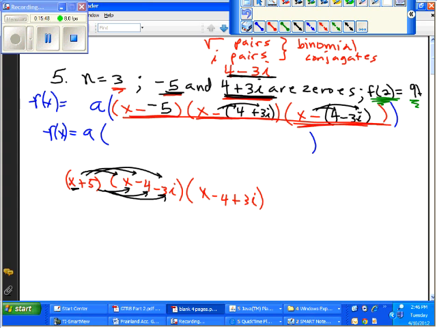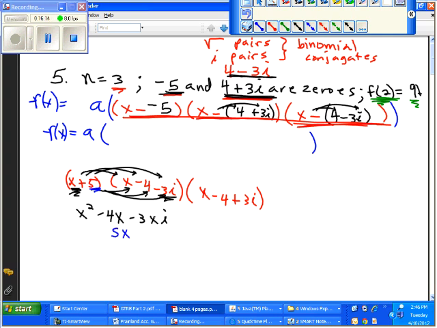So we're going to have the x times the first chunk x is x squared. The x times the second chunk negative 4 is negative 4x. The x times the third chunk negative 3i would be negative 3xi. Then we're going to have the 5 times the first chunk x, which would be a 5x.